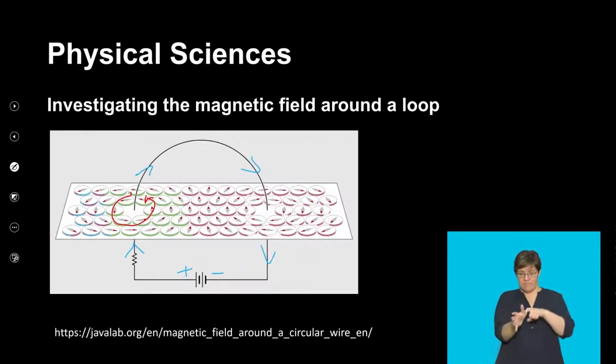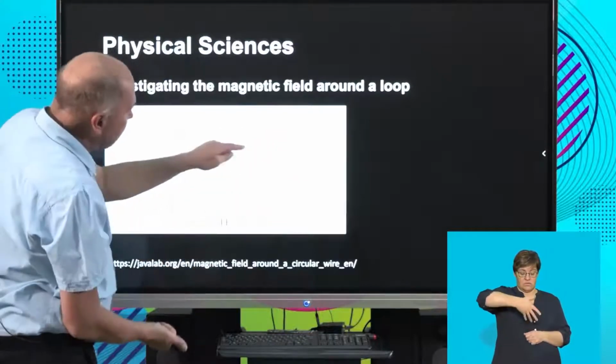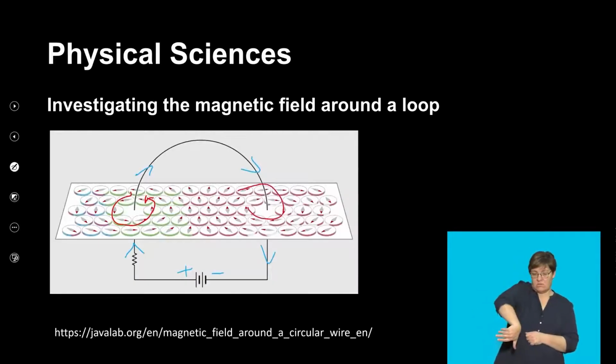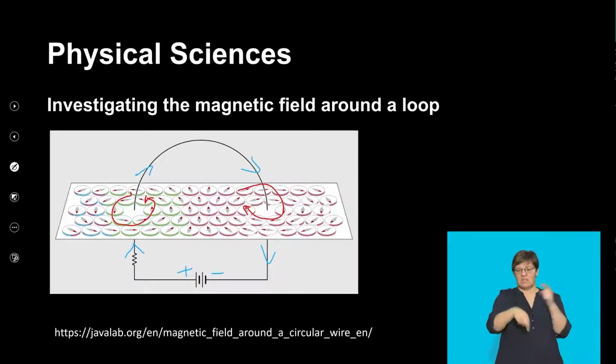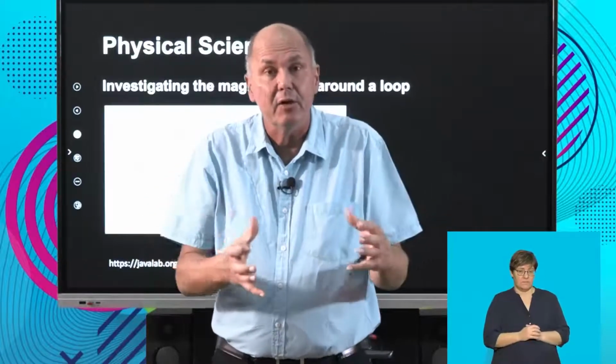Whereas if I go to this side and say now the current is coming down, then the needles are pointing in the other direction, it's going clockwise. So that's quite an interesting observation in terms of applying the right-hand rule and seeing what the effect is.